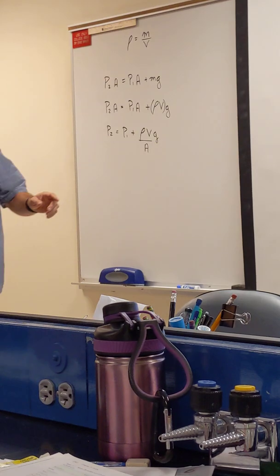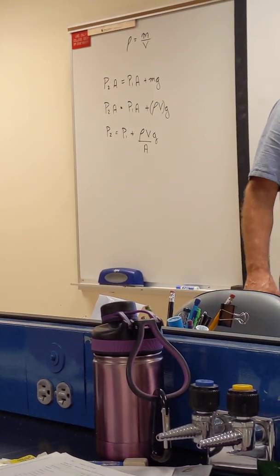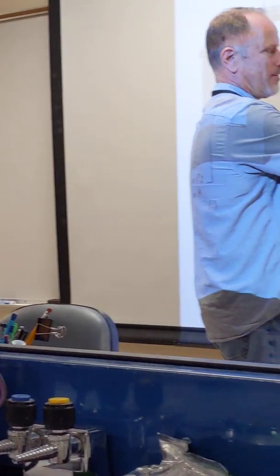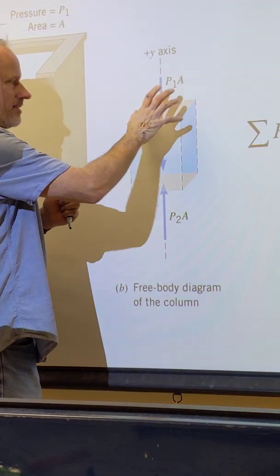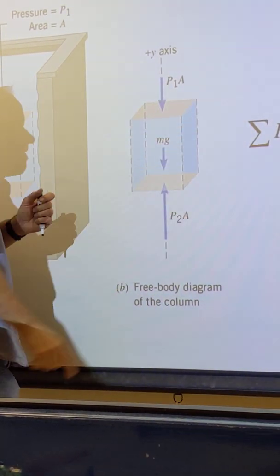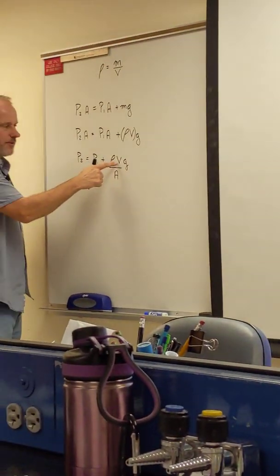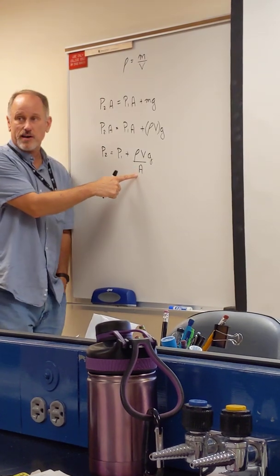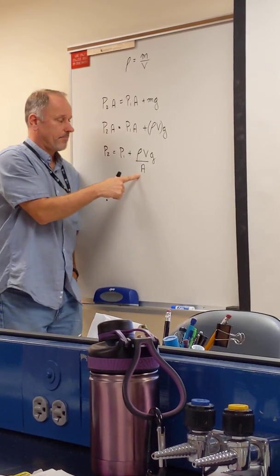Now, what is the volume of a box? Length times width times height. And I told you that this is area A, so this is length times width. That's the area. And the height here we'll call H. So if I divide volume of a box by the area on top and bottom, what am I left with? The height.